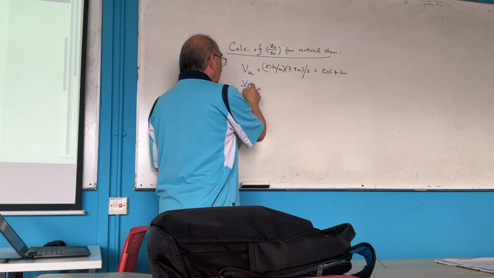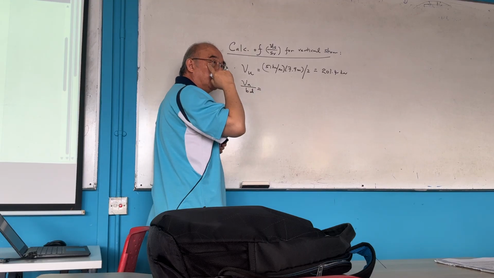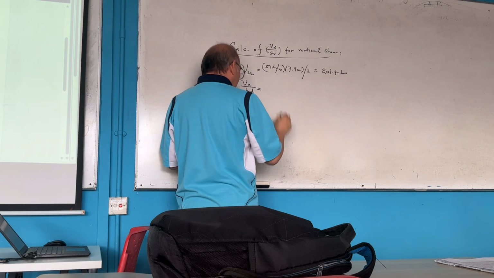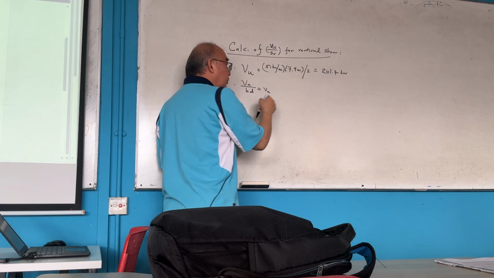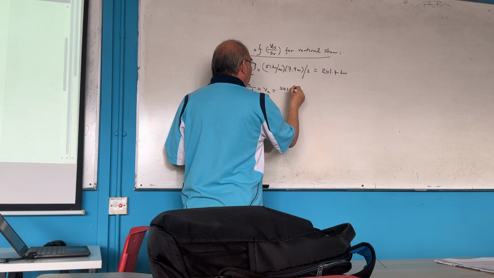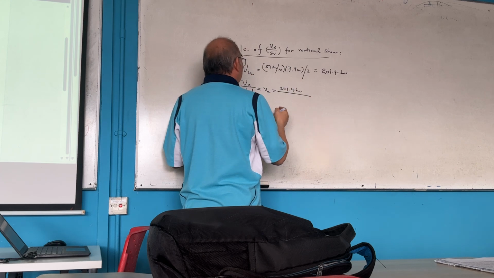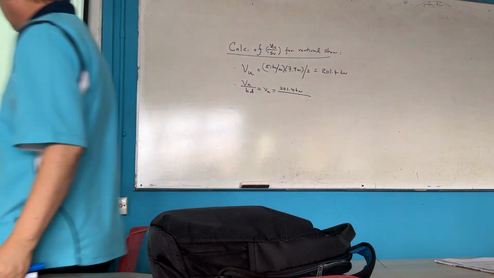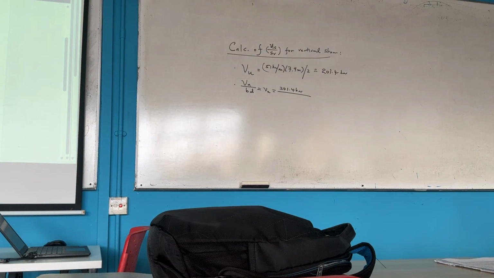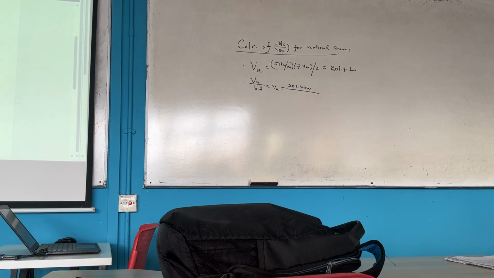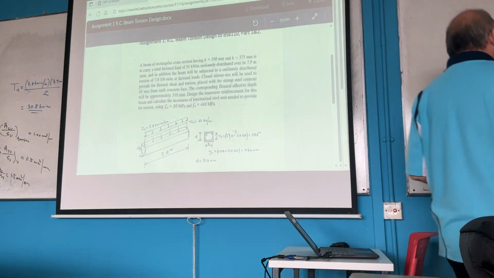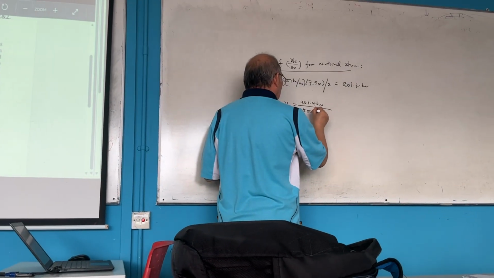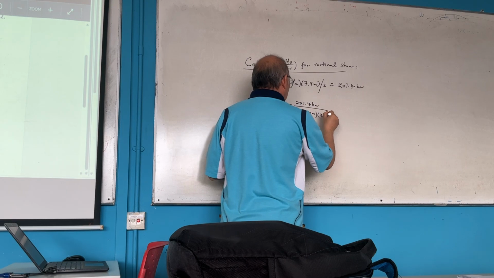Then VU over BD is the shear stress. This one I call small u, and the capital U is the design shear. In this case, it's 201.4 kilonewton divided by B, which is 550, and D, which I give you, is 310 millimeter.